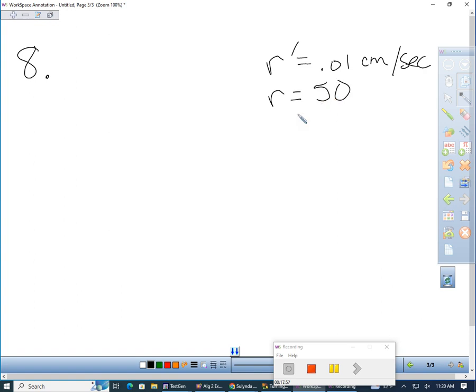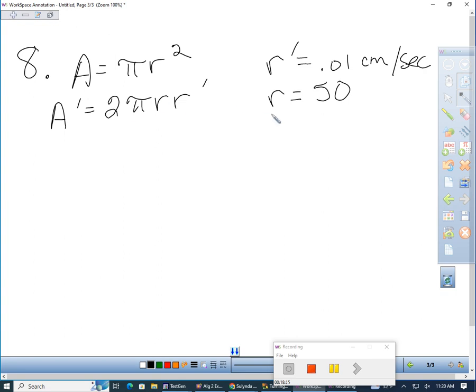The answer to this one is pi. You got it? Good. All right, so we're going to talk about area first. Area of a circle, A equals pi r squared. Our derivative of that is A prime equals 2 pi r prime. And now we're looking for A prime.